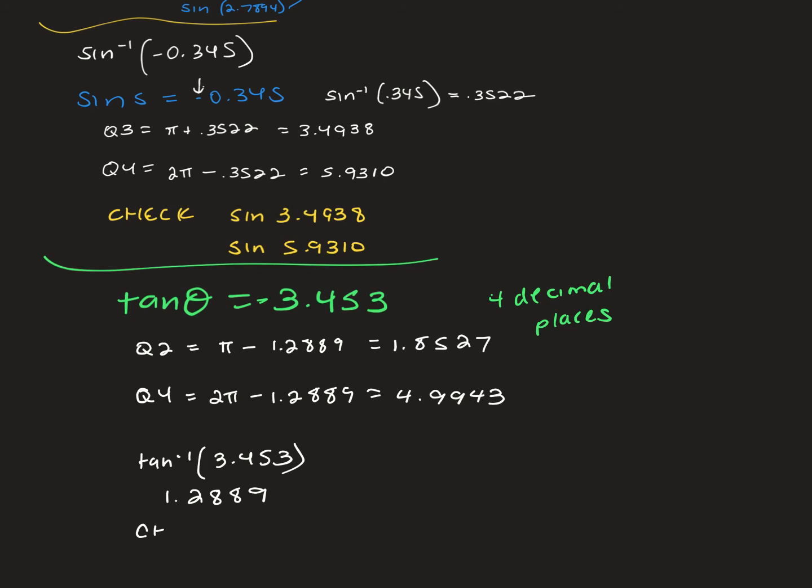And then again, check it. Tan of 1.8527 and tan of 4.9943. Negative 3.4528 rounds up, and tan 4.9943, negative 3.4527, which rounds up.